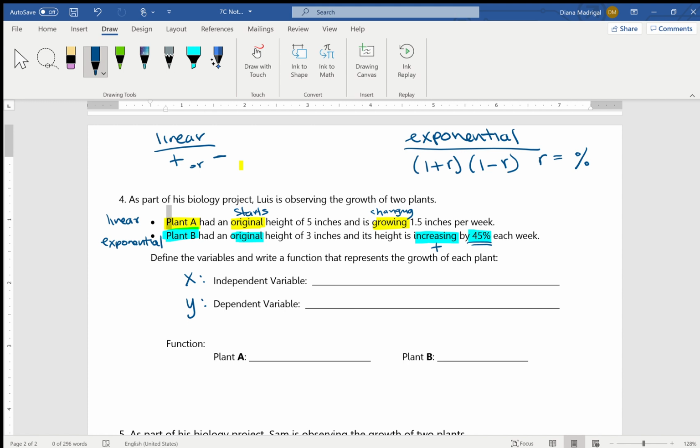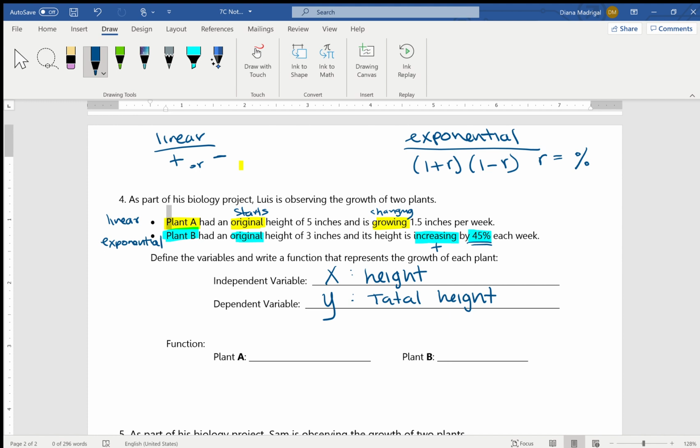So your independent variable is X and dependent is your Y. In the problem, the independent variable X is talking about the height for this plant. The Y, remember, is the total of something, so the total height. And all we have to do is write the function for plant A and plant B.